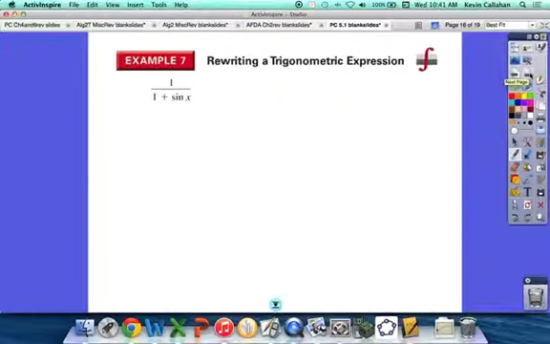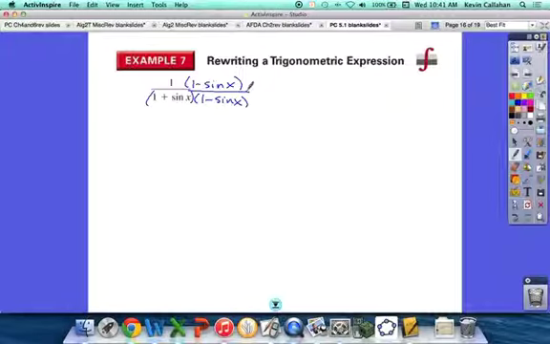So here's the strategy in order to get rid of a binomial denominator. If that's 1 plus sine, then you multiply by 1 minus sine. It's kind of like multiplying by a conjugate, right? So 1 minus sine x over 1 minus sine x.